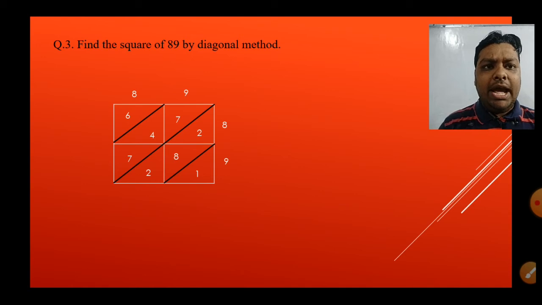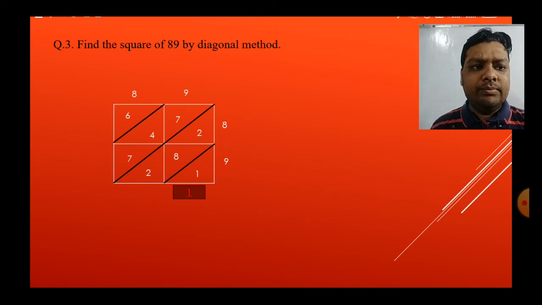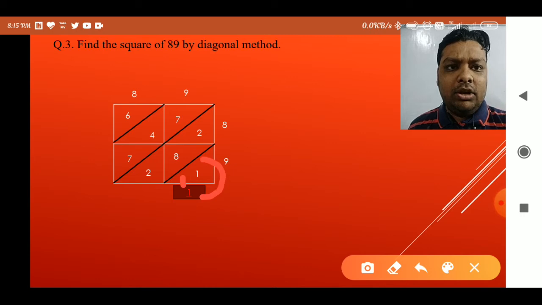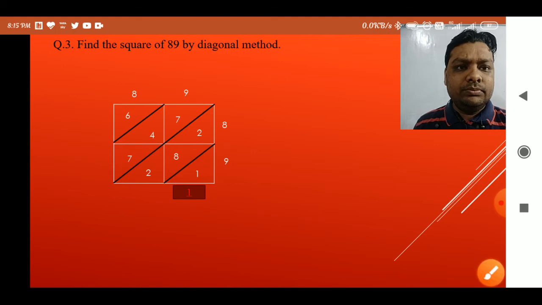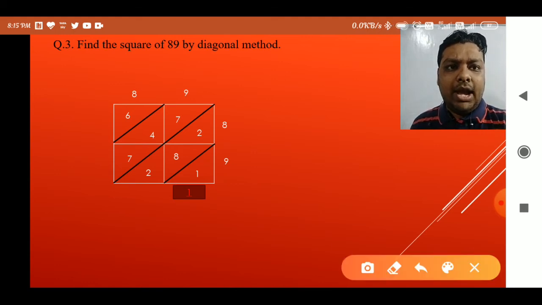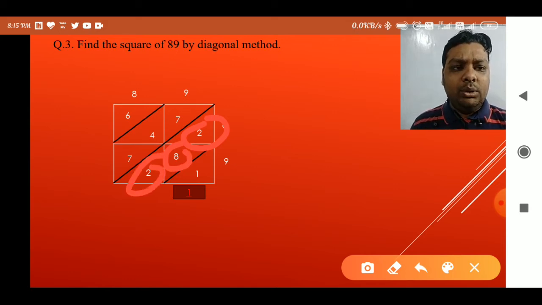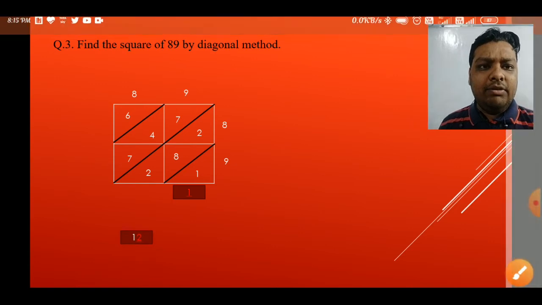Here we will add all the numbers diagonally, but we add only those numbers which are inside the squares. Now here there is only one number, 1, so 1 we will directly write. After that we add 2, 8 and 2. It will be 8, 10, 12. So here we will write 12.